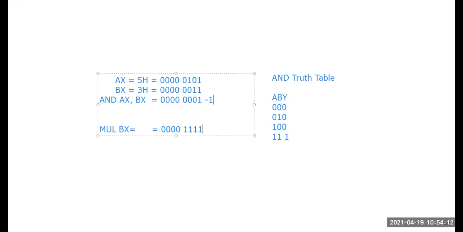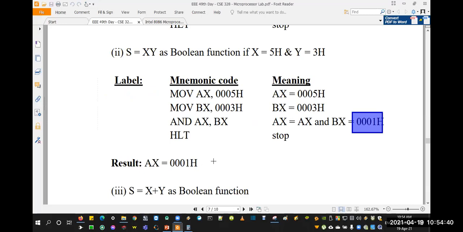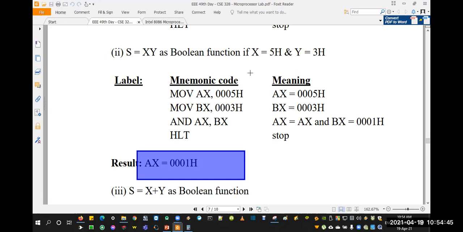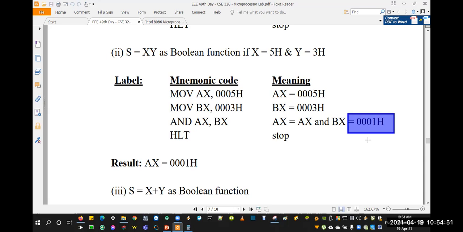That's why it becomes 1h here, and FH there. So this is the way you have to calculate bit by bit using the AND truth table. This is the way AND calculation has been done, and we are getting here 0001H.